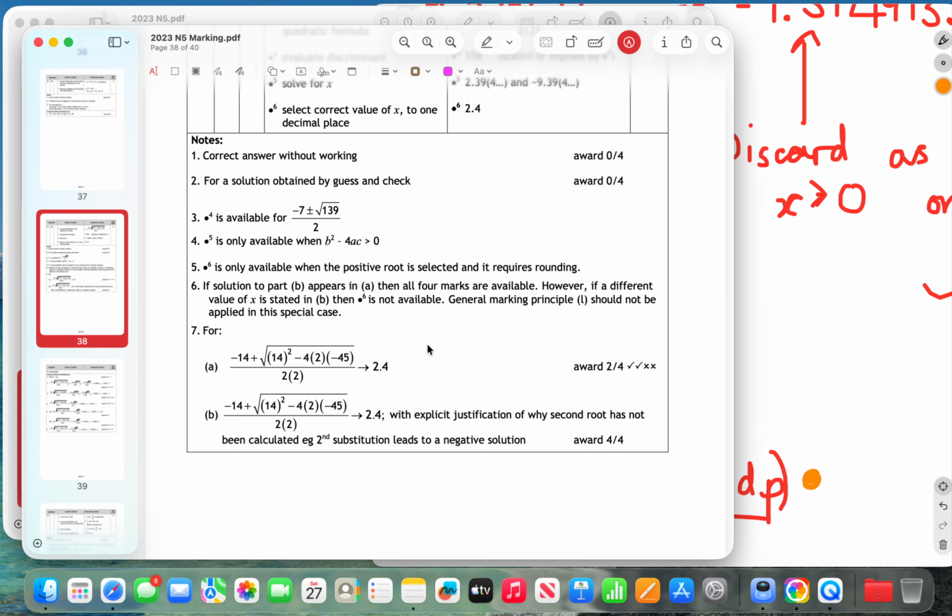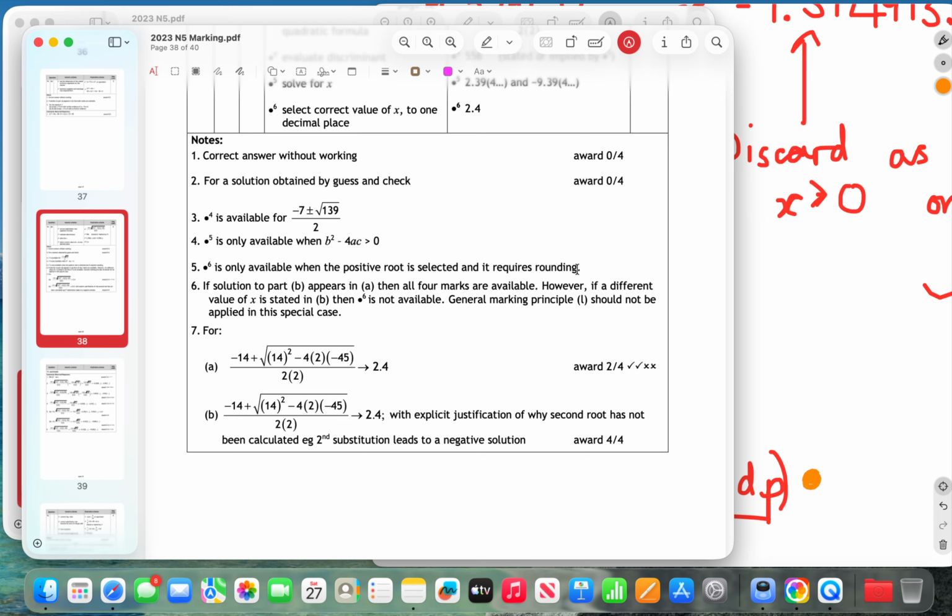And we've got a few commonly observed responses. But first of all, even if you got the discriminant wrong, you could still get the follow through marks if you use the wrong part correctly. But you don't get follow through if you got a perfect square as a discriminant.